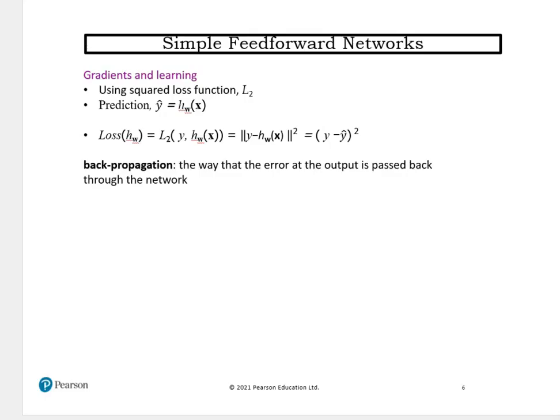So gradients and learning, we've seen that before, of course. We will generally use a big matrix W to represent the weight matrix for this network. And we'll use a superscript 1 to say that these are the weights of the first layer, which in that case W13, W14, and so on.